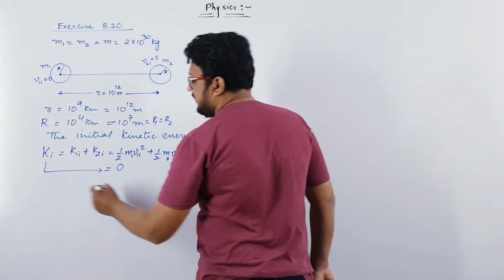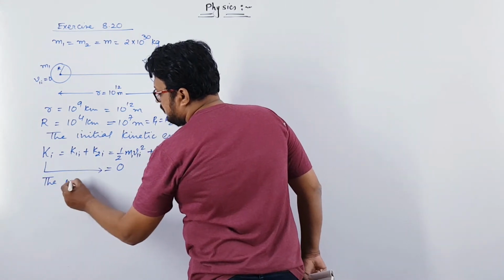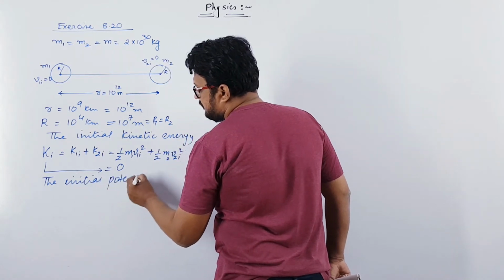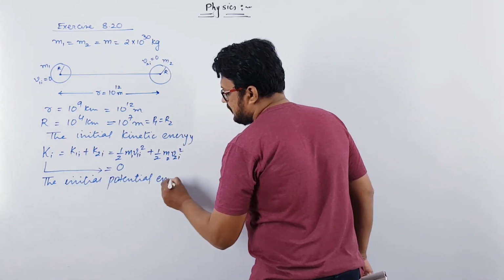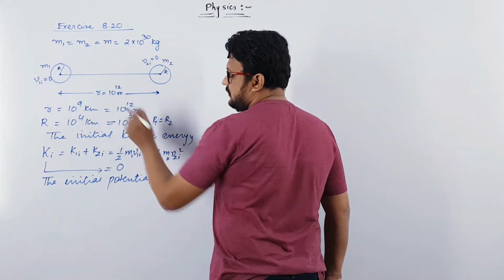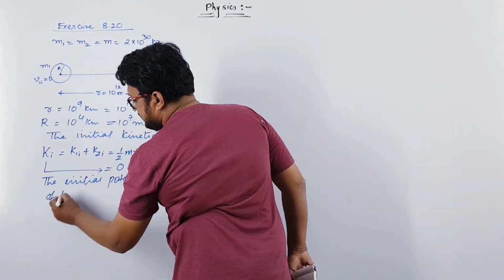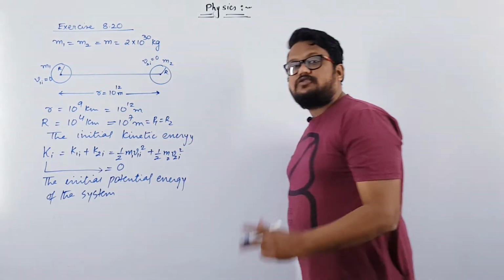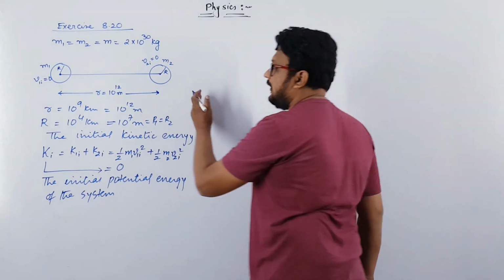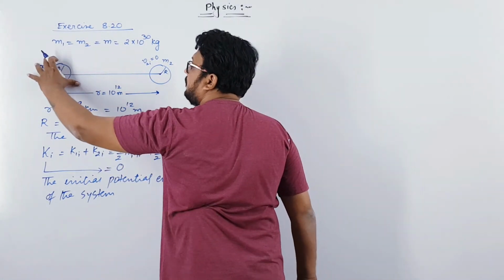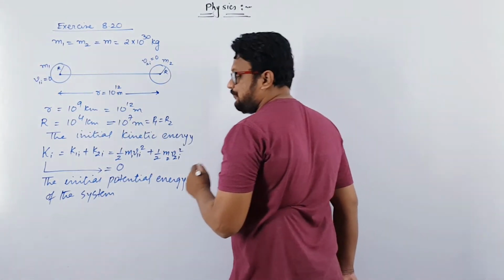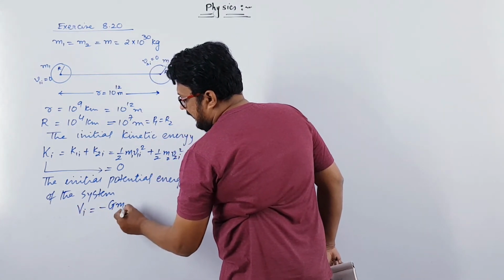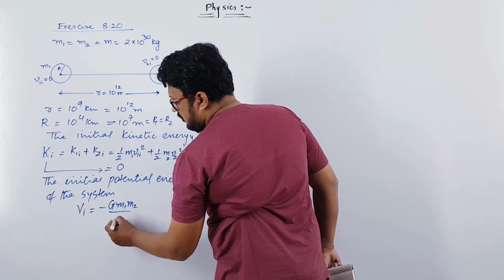What will be the potential energy? The initial potential energy of this system for this separation will be, look, for potential energy there should be at least two masses, right? m1 and m2. It is not like this will have different potential energy and this will have different potential energy. So that will be equal to Vi, which is equal to minus G m1 m2 over r.